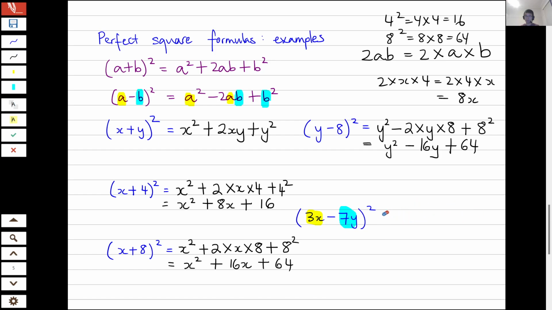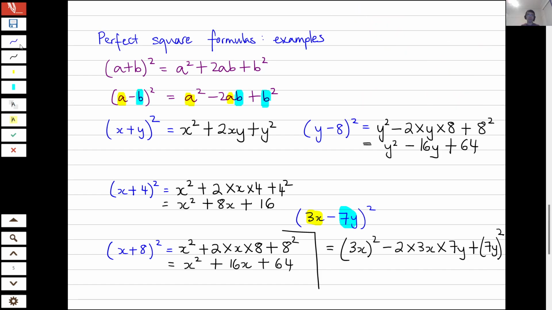I'm just going to write this a bit more carefully. So this equals 3x all squared, because I've got to square the whole thing in yellow, minus 2 times 3x times 7y plus 7y all squared.